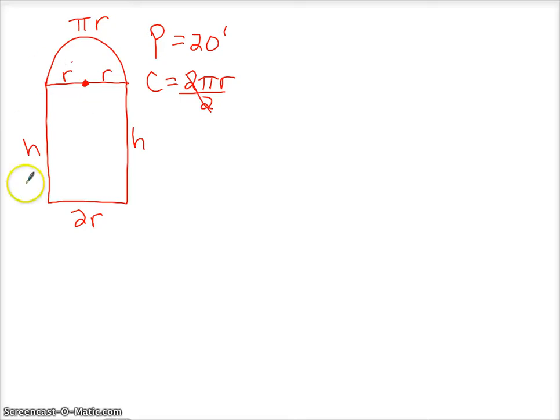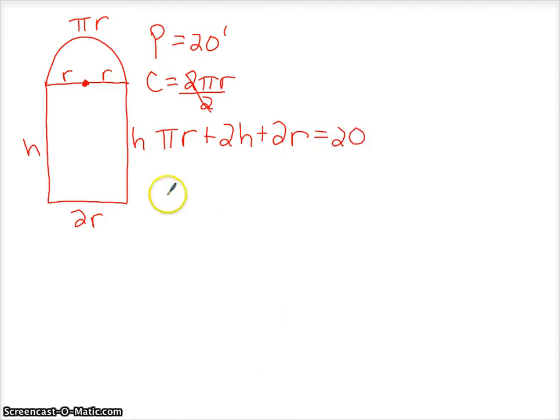So the perimeter of this entire figure can be found by taking pi r, adding 2 h's, and adding 2r, which is on the base of the rectangle. So I have 2r, h, pi r, and h. And this has to equal 20, because that's our perimeter that they gave us. So this whole thing right here represents our perimeter.